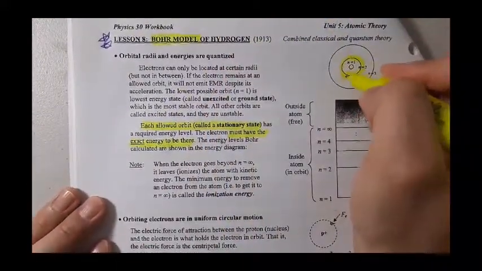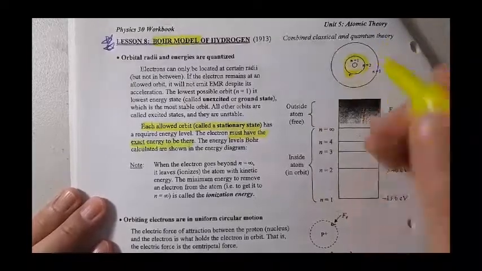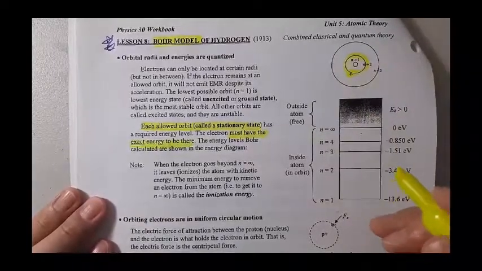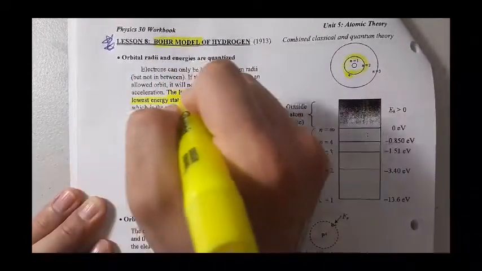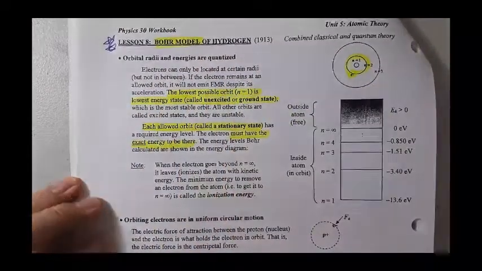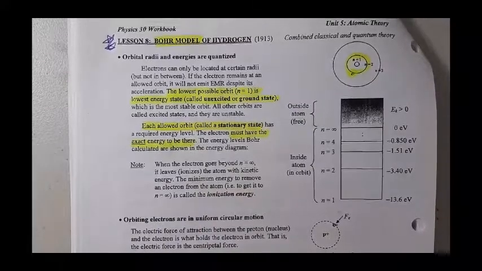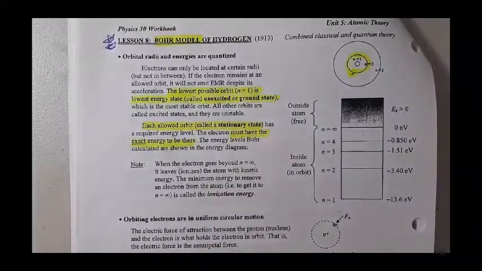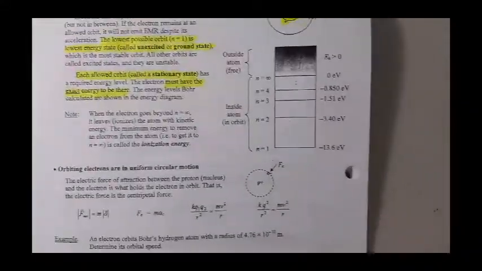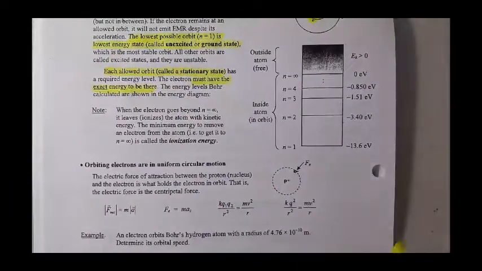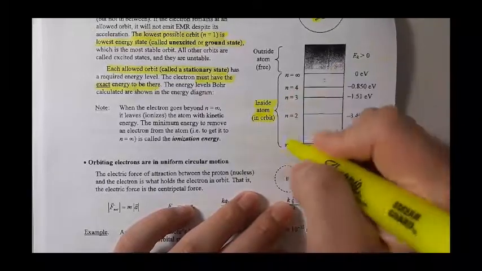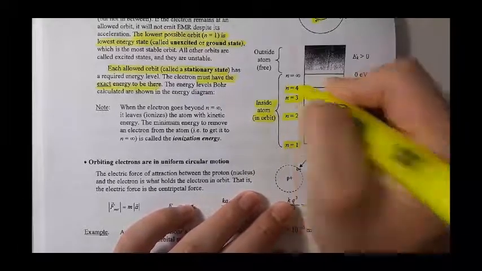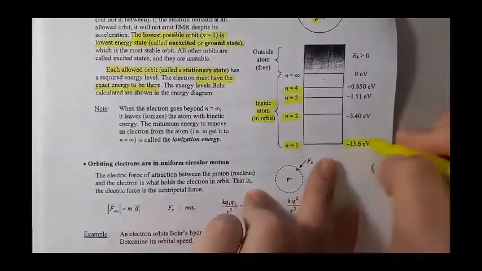He also suggested that there are, of course, different levels of electron orbit. However, the lowest orbit is known as n equals 1, which requires the least energy, and that is known as the ground state. That's the unexcited state. So this is his quantification. Inside the atom, you have these different energy levels.